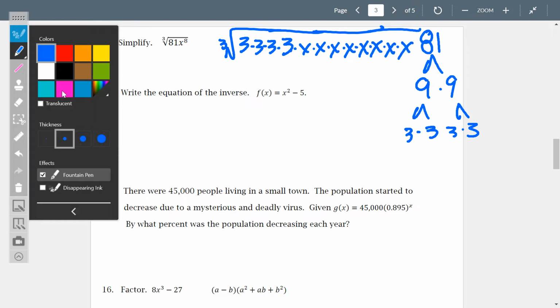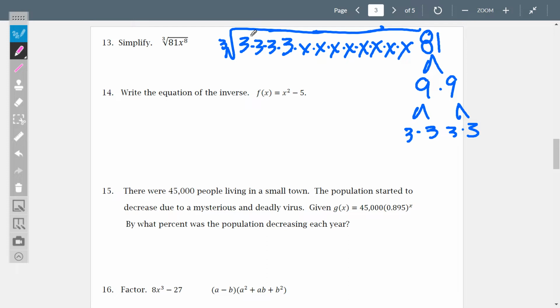Okay, so in order to make a number on the outside, we need 3 of that number on the inside. We have 3 of the same factors. So I can bring a 3 out. I can bring an x out. I can bring another x out. So I can bring an x squared out.